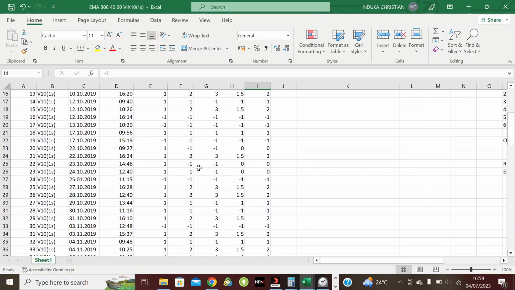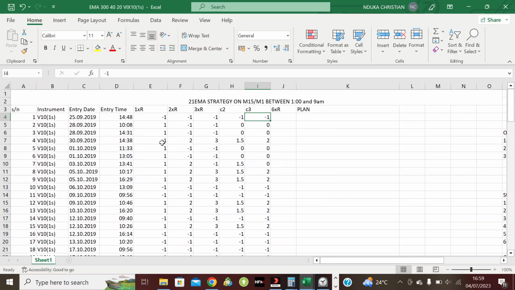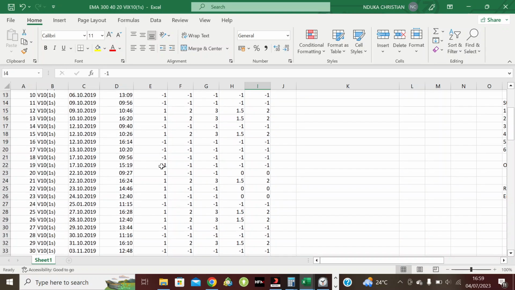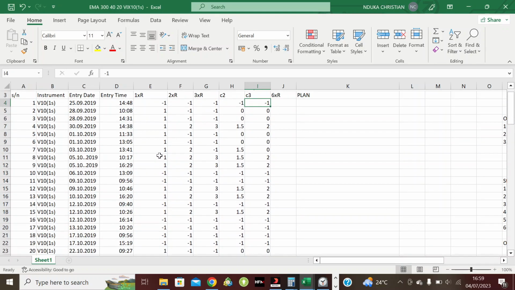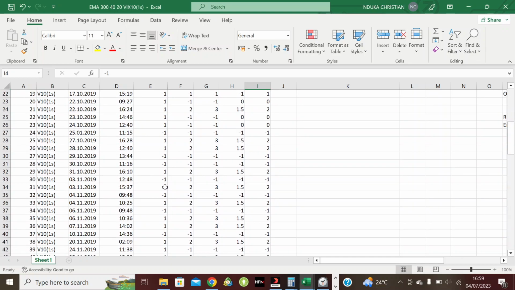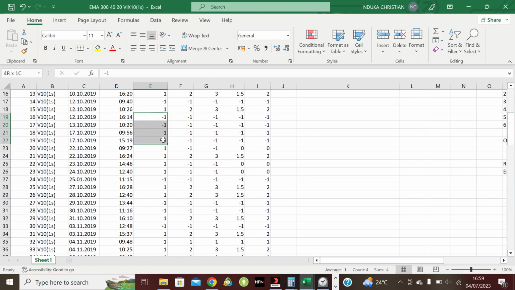Now one of the most important things I'm looking at here is the losing streak. If I'm risking 1:1, the maximum losing streak is 4. I've already checked it. I think it's around here, so you can see 4.